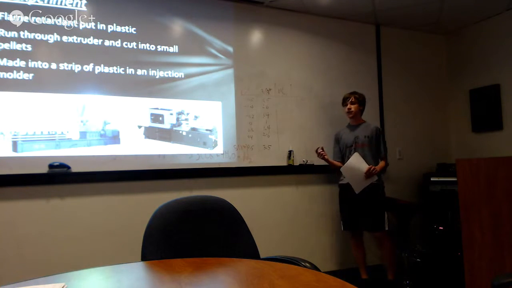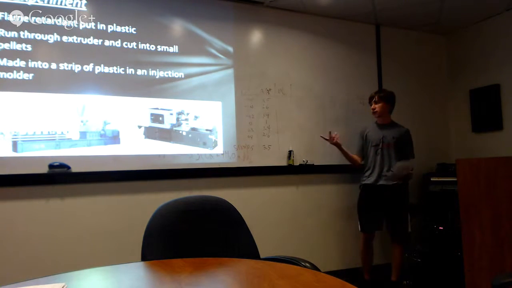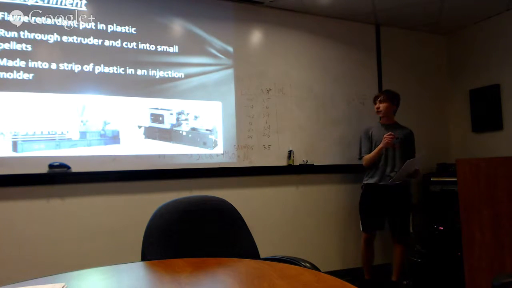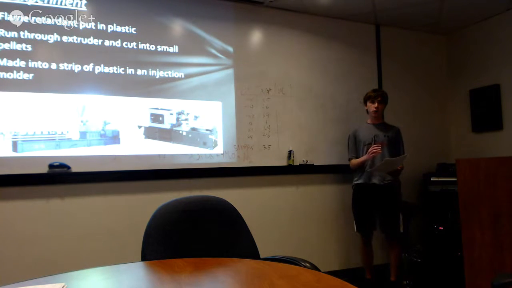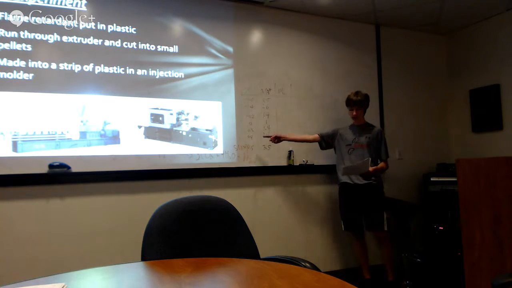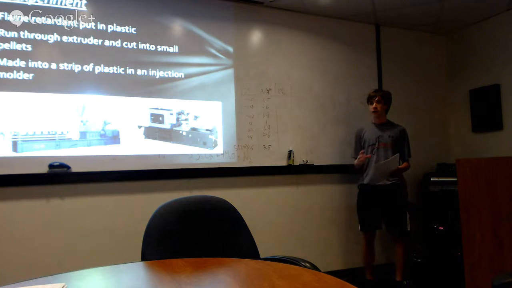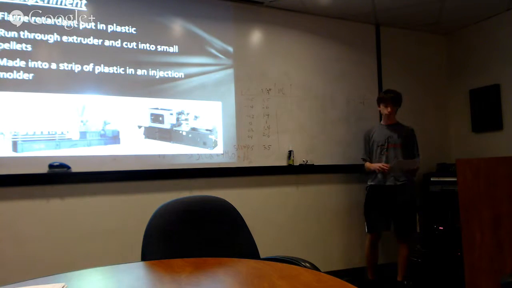Once the strips come out, they're cooled in water because they're really hot from being mixed, and they're cut up into small, thin plastic pellets. And those pellets are molded in an injection molder, which is on the right, and it makes plastic that is to be burned.